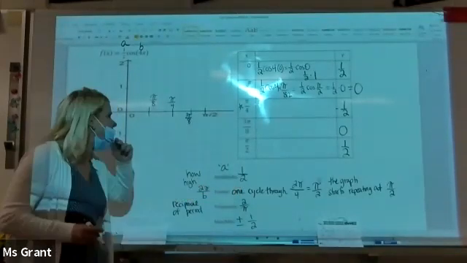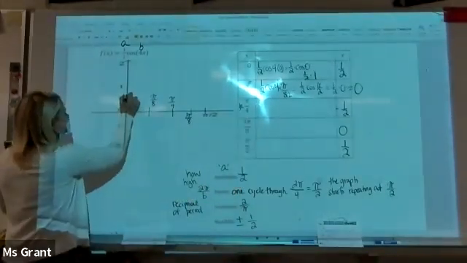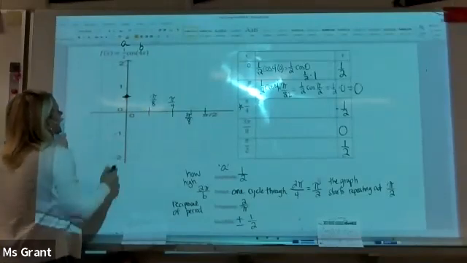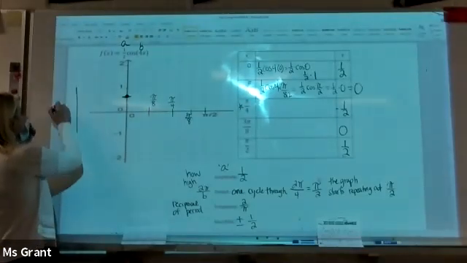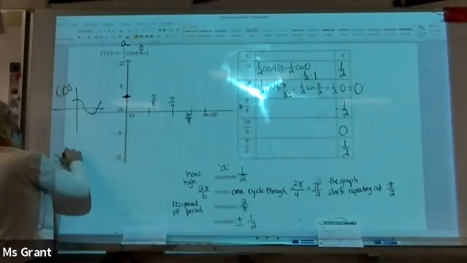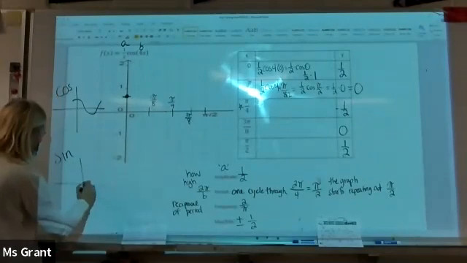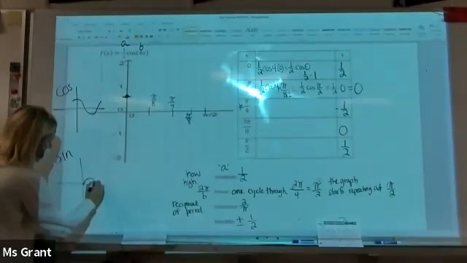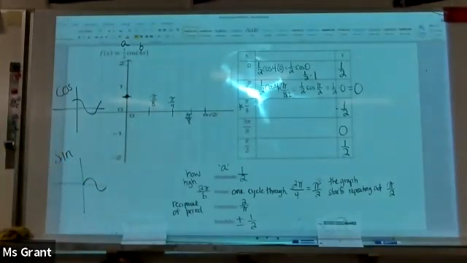Since it's 1/2, that means 1/2 is the highest I'm going to go, and cosine is my starting point. Cosine starts at the top and goes down. Sine starts at 0, 0 and goes up. You need to know this difference.